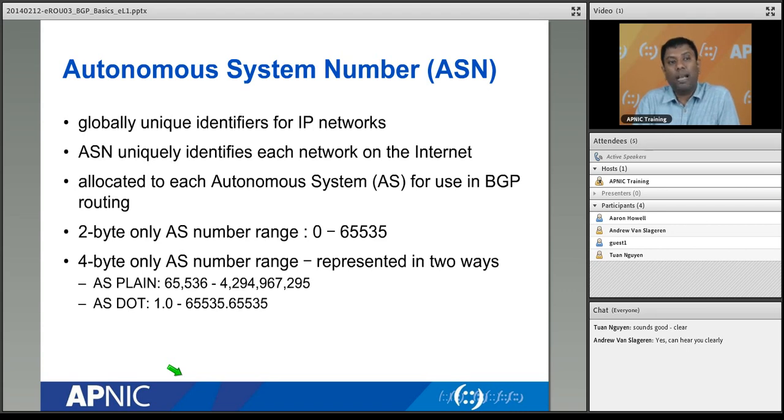Sometimes the community has also represented that big number using dot notation, which is 1.0 up to 65535.65535. That's the maximum number in dot notation. But in the IETF, the preferred notation is AS plain, so we better stick to AS plain notation in 4-byte AS.